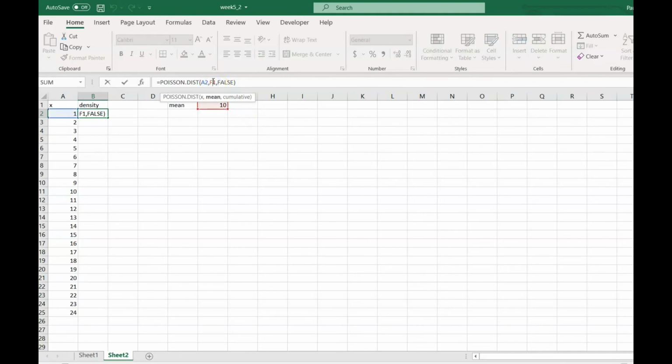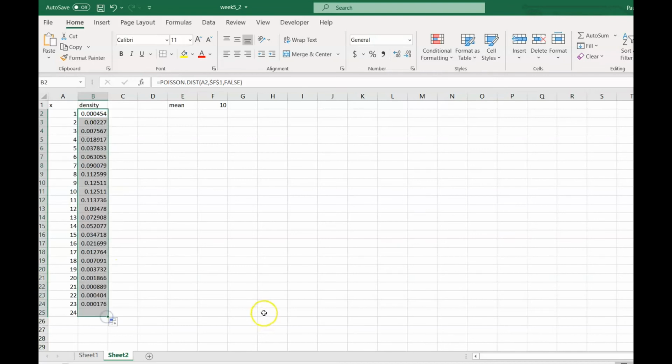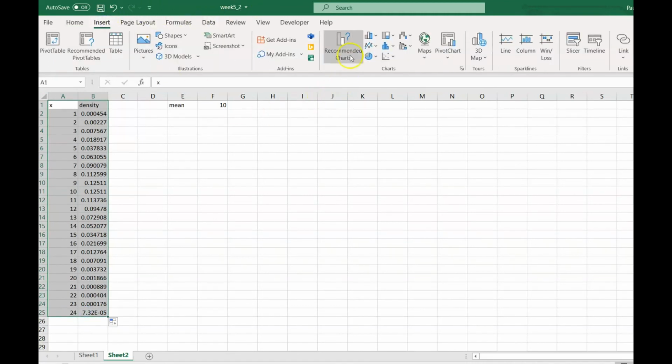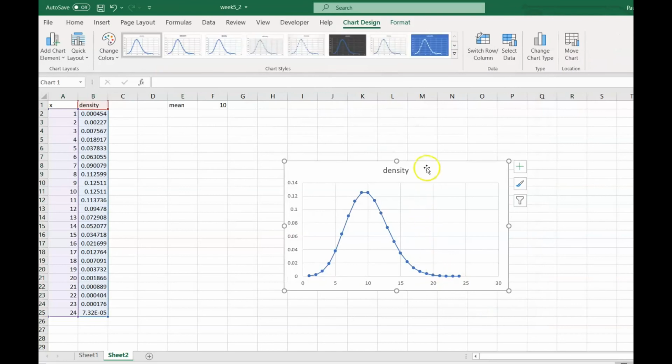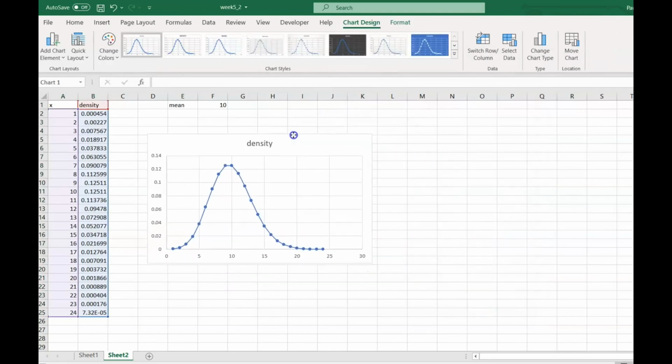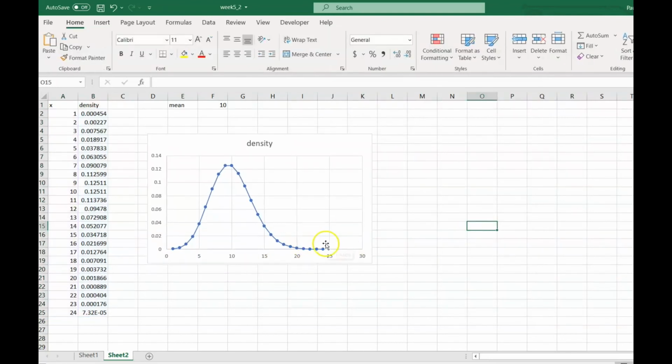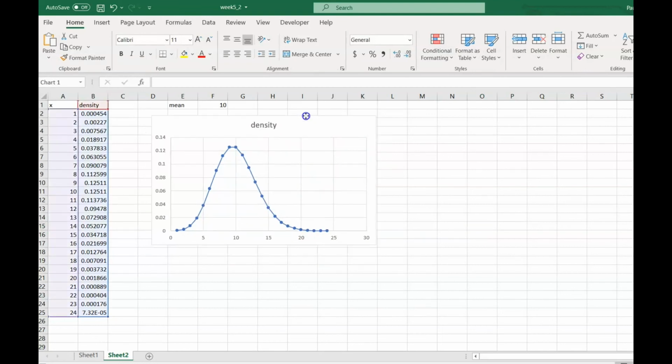So we hit F4 to lock the mean. Then we copy paste. Then we highlight both columns. Click Insert. Click Recommended Charts. So actually this is our Poisson distribution in terms of density.